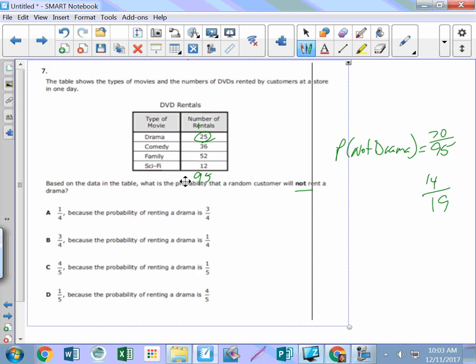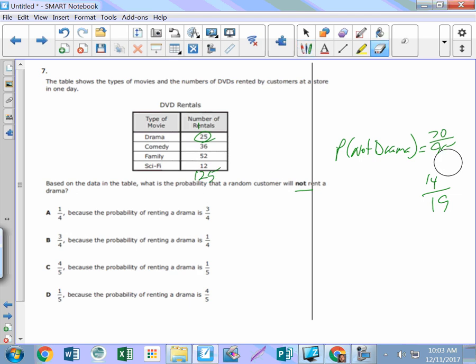Let's see if we have a problem here. Make sure I got all this. 25 plus 36 plus 52 plus 12. Oh, that's 125. I can't count today. This is 125. Wow. Sorry, guys.